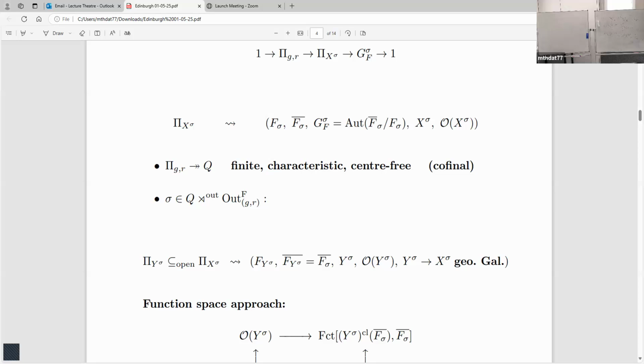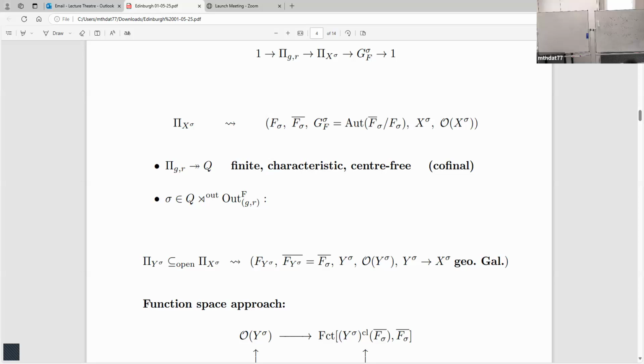Now, yes. What is the F_Y? So Q determines the geometric covering. Yes, but this F_Y^σ would be the number field over which Y^σ is defined. Okay, so my question is, what is this open subgroup π_Y^σ? One associates to this σ this open subgroup.